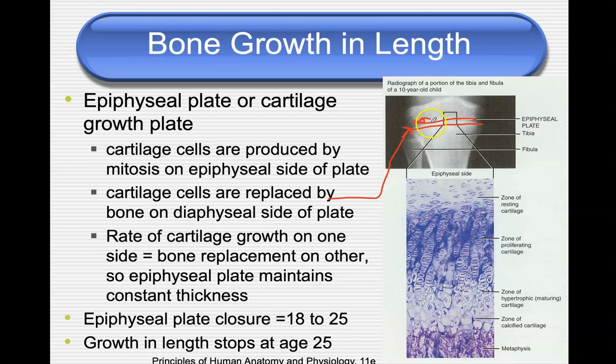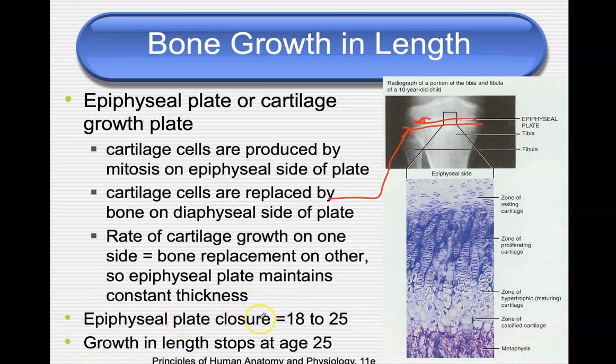So as on the epiphyseal side the cartilage cells are undergoing mitosis and pushing up, on this side, behind it, on the trailing side of the growth plate, you have the cartilage cells being replaced by bone cells. So the rate of the cartilage growth on one side is usually equal to the bone replacement on the diaphyseal side. So the epiphyseal plate basically remains constant in thickness throughout its growth period.